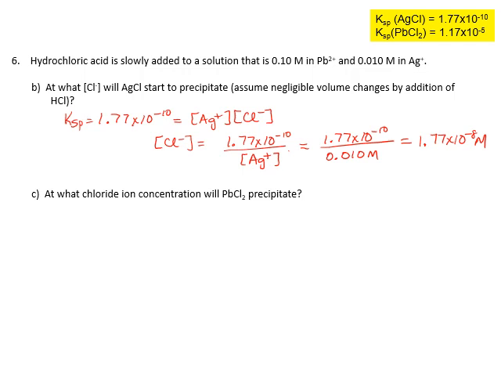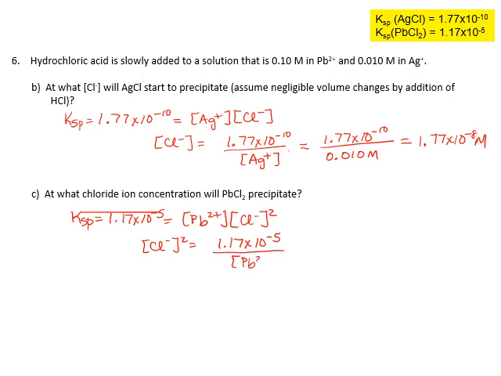What level of chloride in solution is needed to cause the precipitation of lead 2 chloride? We would do a similar process, except use the KSP for lead 2 chloride. Notice in this equation we have chloride squared, however, so when we solve for the concentration of chloride, we're going to have to take the square root.